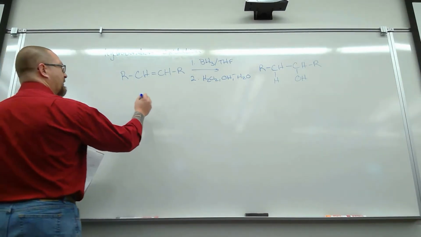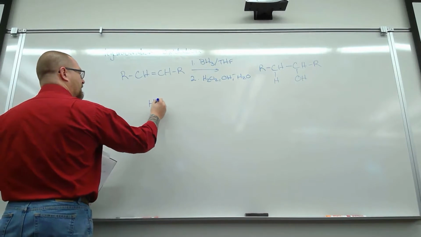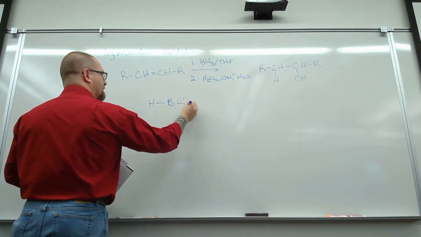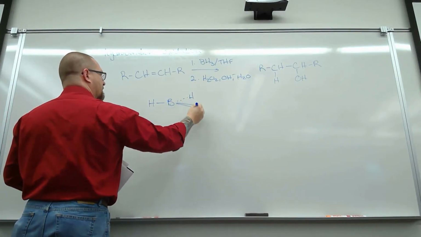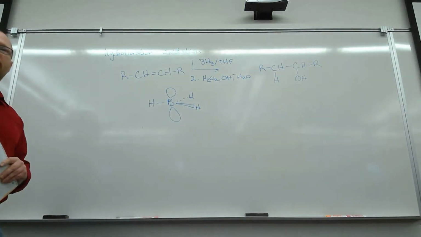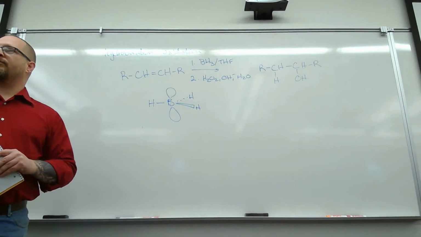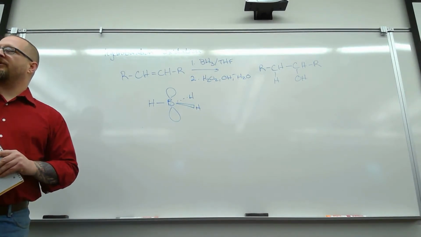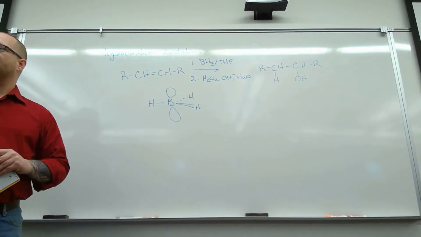So something about borane that is worth noting. It's one of the exceptions to the octet rule, where it is relatively stable with only 6 electrons instead of the full 8.